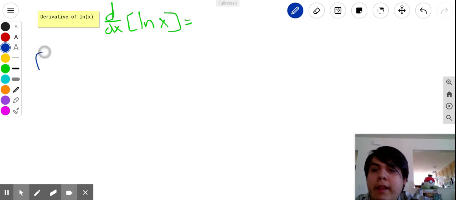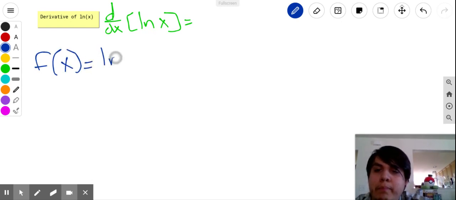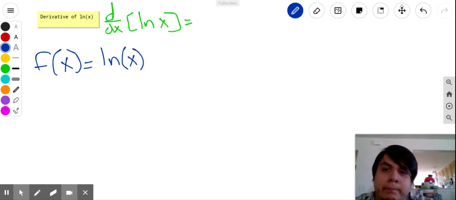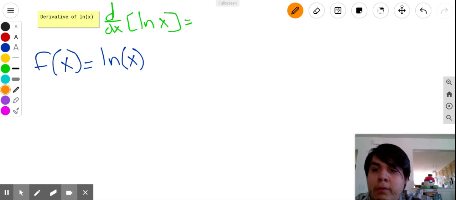So, I'm going to let f of x be the natural log of x. So, when I do e to the f of x is equal to e to the natural log of x, here's what happens.